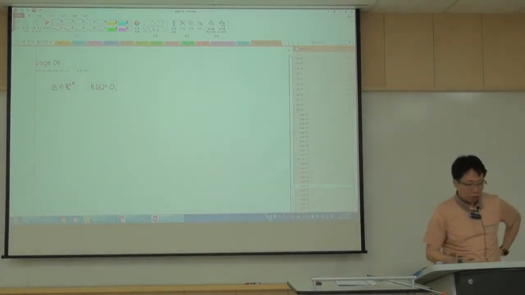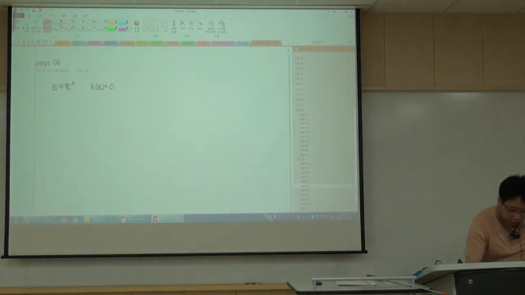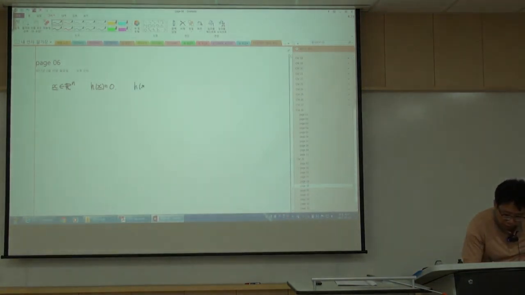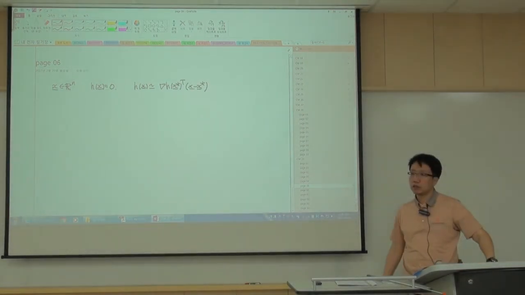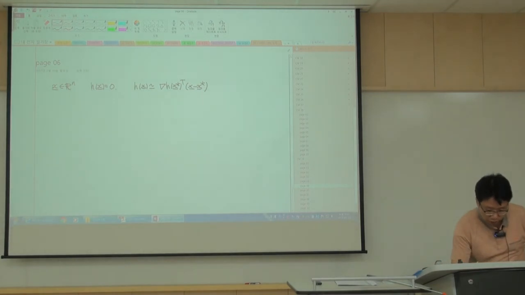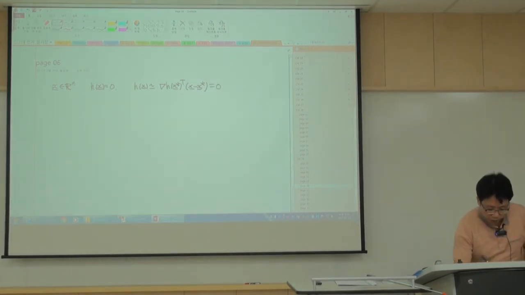Okay, now you approximate h near at some x0 that is feasible. Then you have, as I just have written, something like this. Am I right? Now you set this equals 0. Now, what is this one?